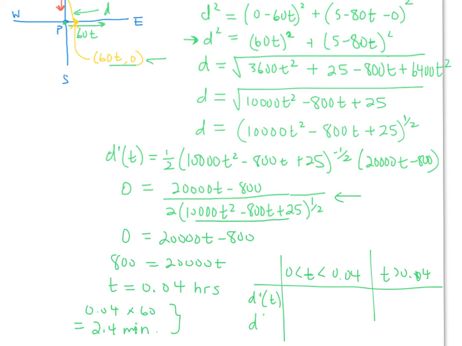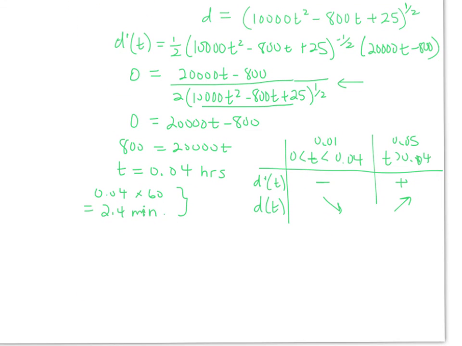So you check the sign of d prime at t. If you put in 0.01, let's say, you will get a negative. If you put in 0.05, you do get a positive. You are decreasing and then increasing. So therefore, we definitely have a min at t equals 0.04.